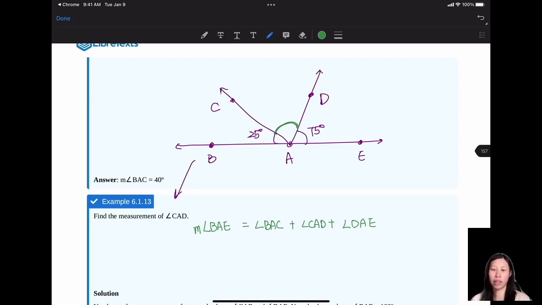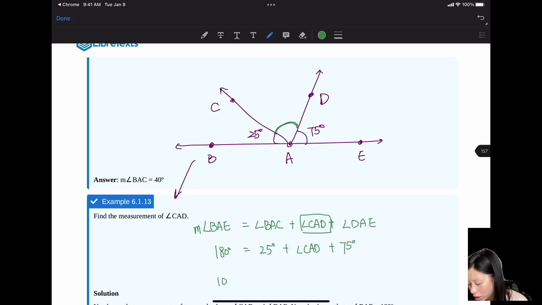We know the angle BAE is 180 degrees, so now we just use substitution. The angle BAC is 25 degrees, plus the unknown we're trying to find, plus angle DAE, which is 75 degrees. Now you use some algebra. You subtract 25 and 75 on both sides so that we have 80 equals the measurement of angle CAD.